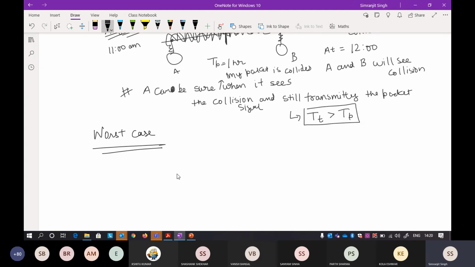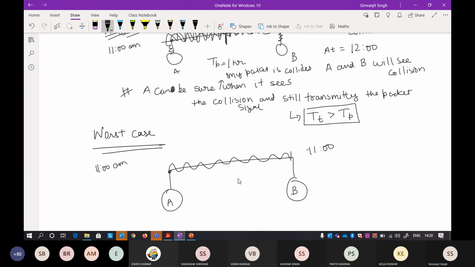Now I'll take the worst case. I sense at 11 a.m. that the medium is free, so I start sending the packet. TP is 1 hour, as you already know.